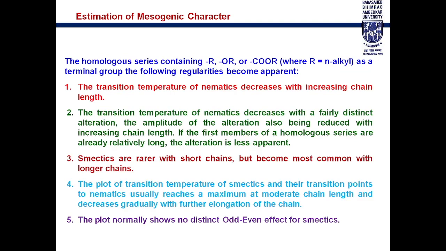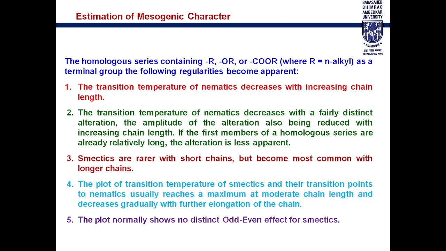In the homologous series containing R, OR, and COR as the terminal group, the following irregularities become apparent. The transition temperature of nematics decreases with increasing chain length, with a fairly distinct alternation.